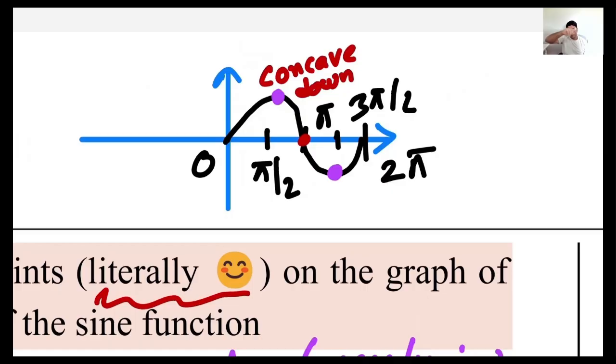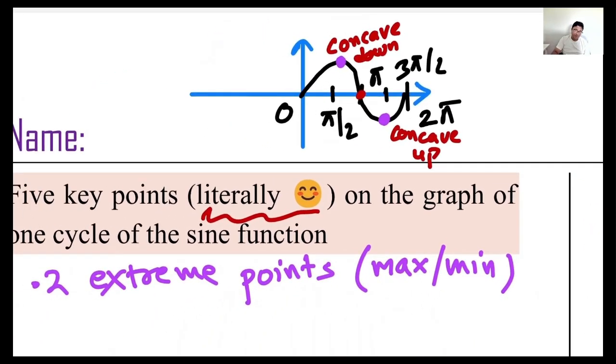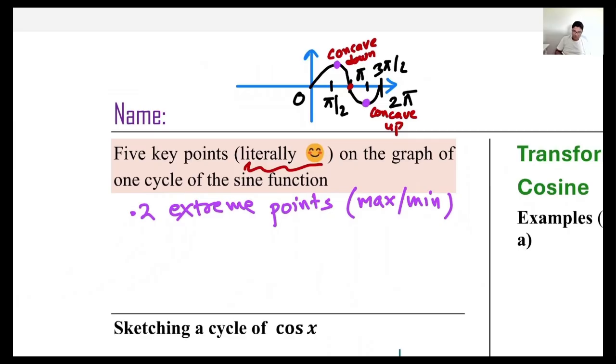This part of the graph is concave down, the next part is concave up. And that point at pi is in between, exactly the boundary point where the concave down changes to concave up. That point is one inflection point. The name of such a point is an inflection point.